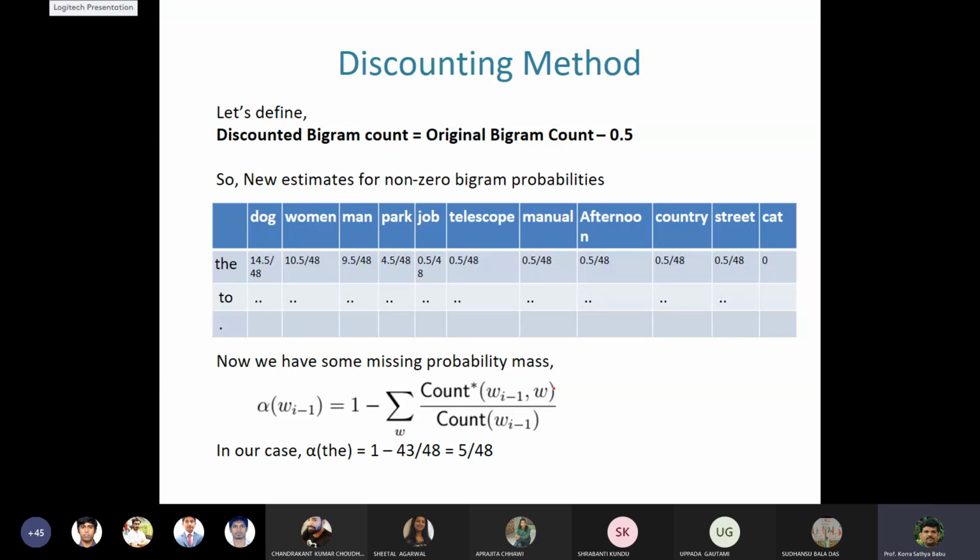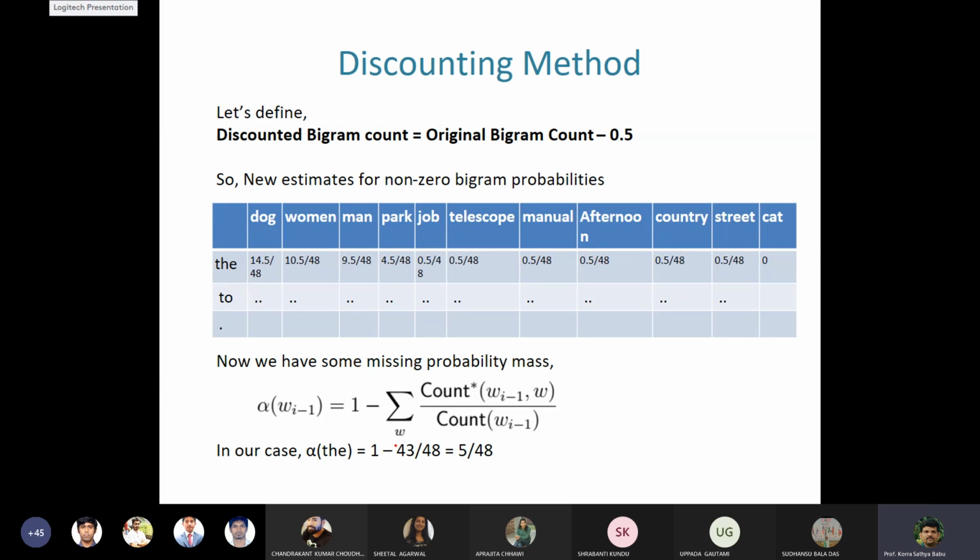bigrams. The discounted bigram count is the original bigram count minus 0.5, for example. So this is the new estimate for the non-zero bigrams, for example, the cat. How do you calculate it? We have some missing probability mass.